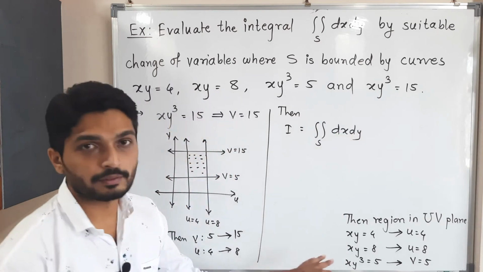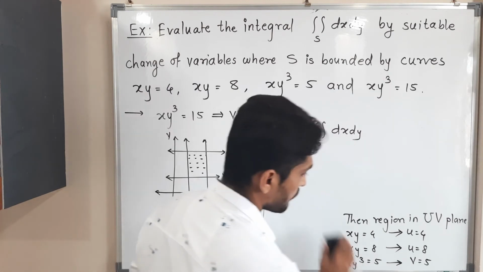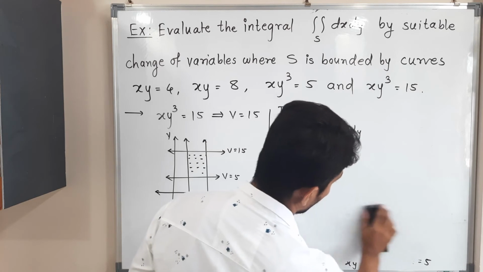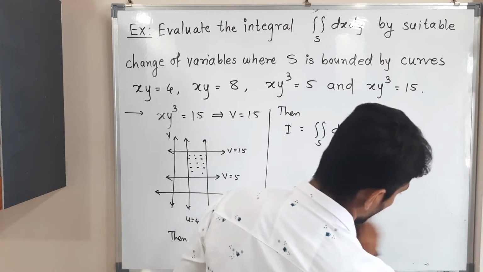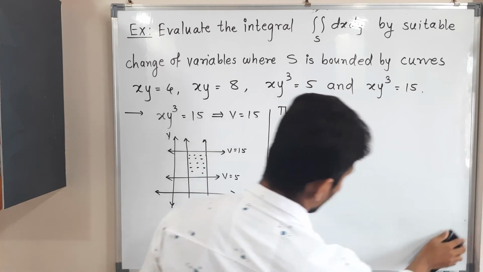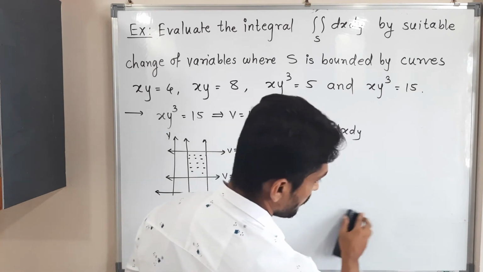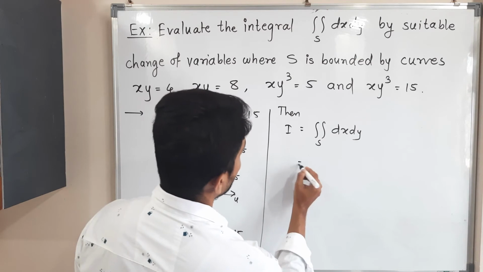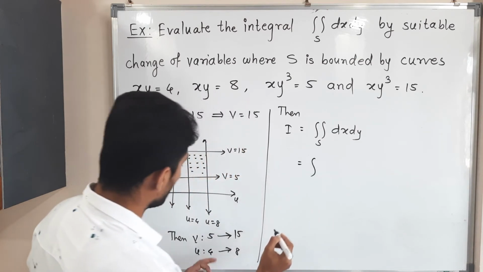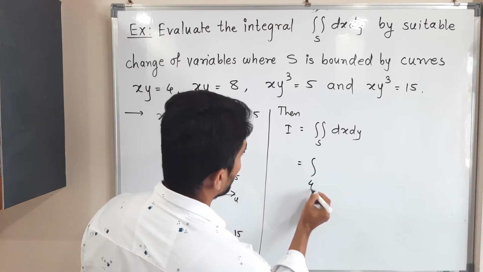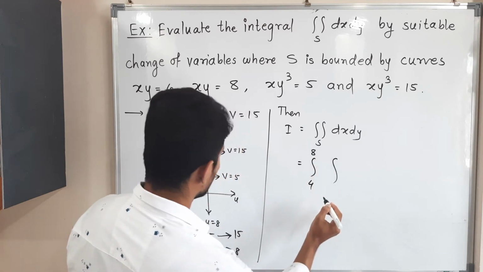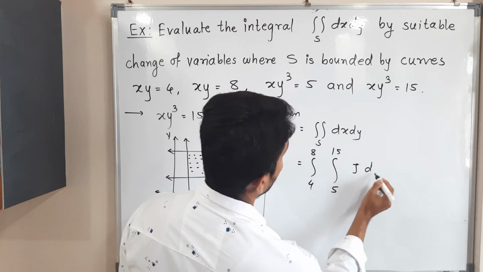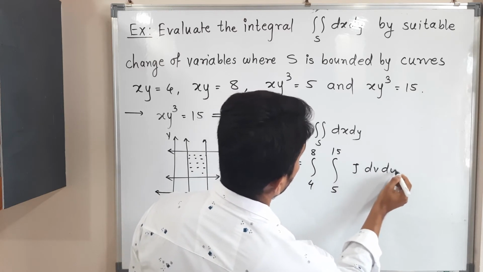See, this part is not required, so let me remove it. So this is equal to the integral with limits 4 to 8 and 5 to 15, right? We write J dv du.